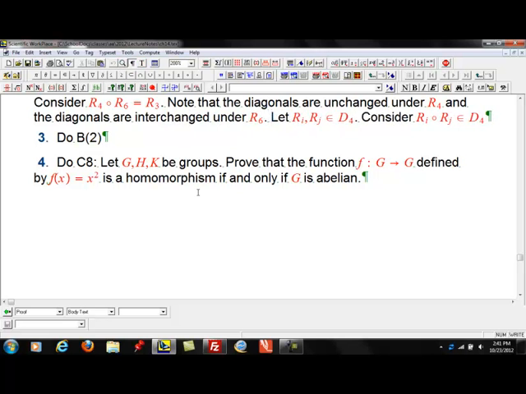Now when you look at R3, what's happening to the diagonals? 1 goes to 4, 2 goes to 1. So this is a rotation, and that changes the diagonals too.